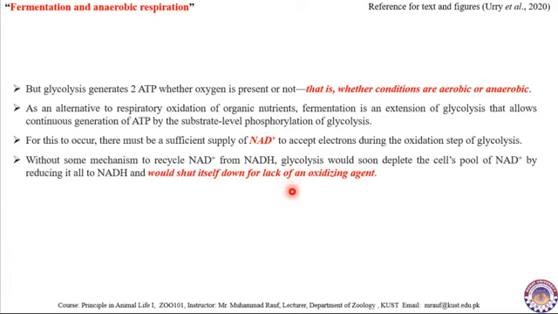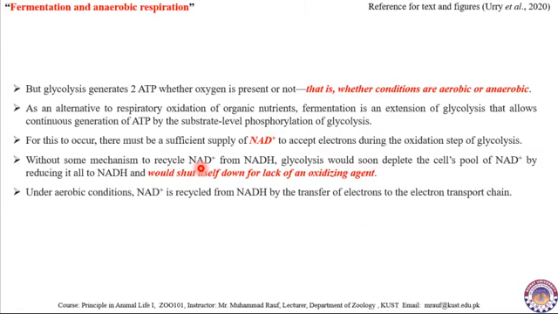So the need of the hour is to find some other way where NADH can get rid of its electrons and return back to this form, and once more participate in glycolysis. Under aerobic conditions, NAD is recycled from NADH by the transfer of electrons to the electron transport chain.